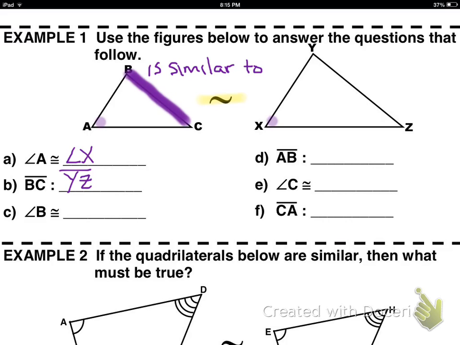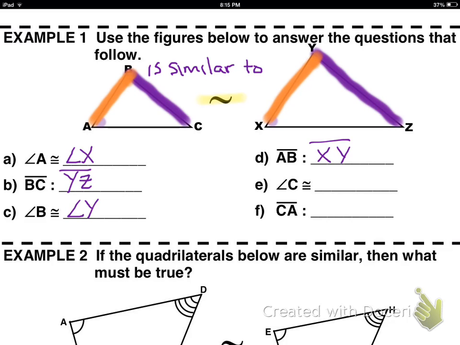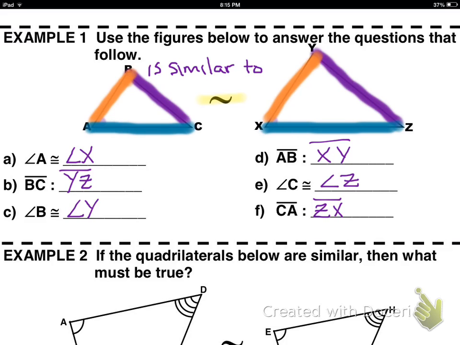Angle B is congruent to angle Y, and side AB corresponds to side XY and can be written as a ratio. And finally, angle C corresponds and therefore is congruent to angle Z, and side CA corresponds to side ZX and can be written as a ratio.